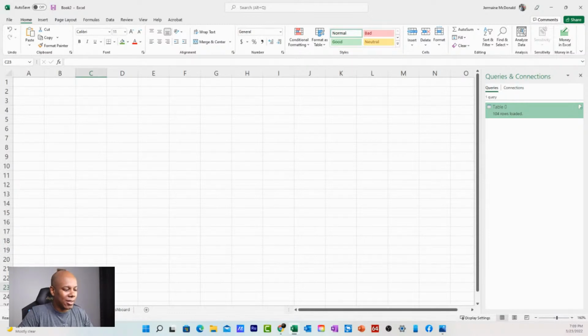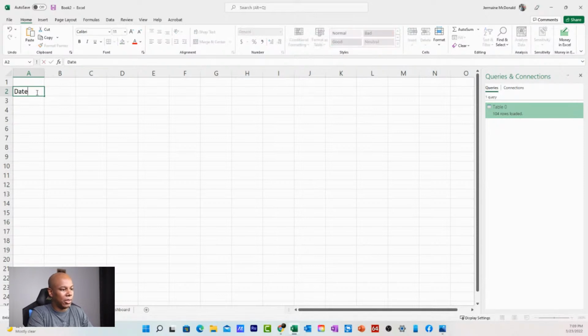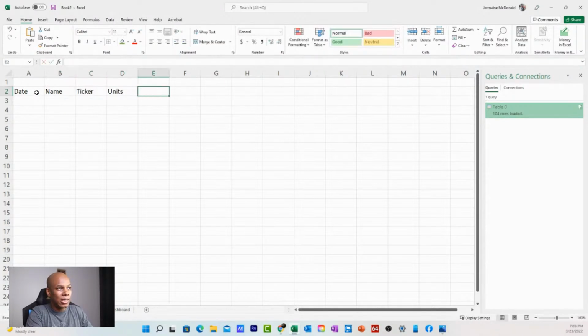So let's look at some basic transactions that I can enter. I'm going to be creating a very simple table with the date, the name of the company, the ticker, the number of units that I've bought, the total cost.